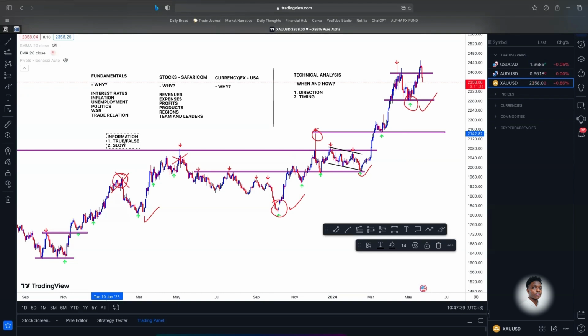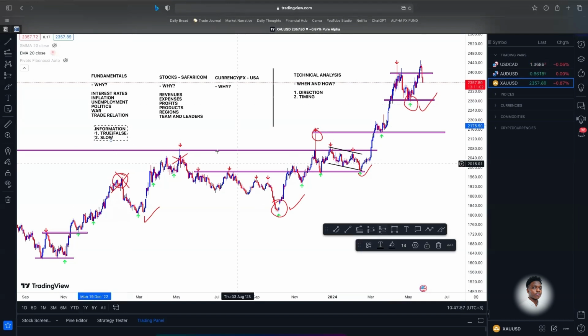And when they're talking about it, they're just giving you their bias. Humans are biased. They're not neutral. They'll just speak about what they think the market is going to do. So it's slow and sometimes very falsifying. We do not rely on it 100%.